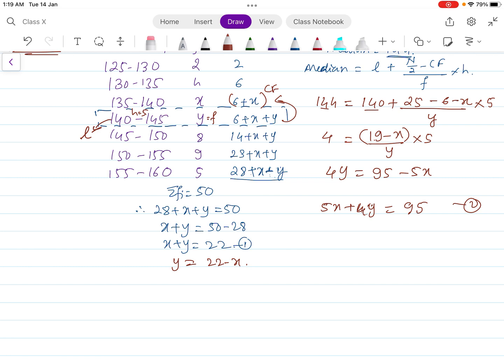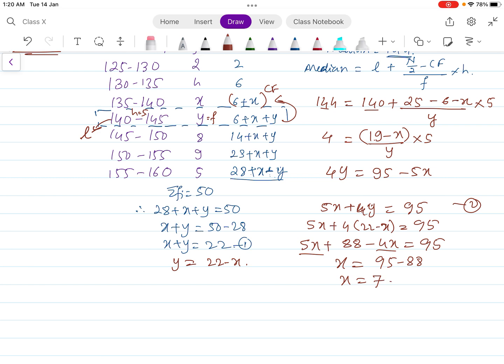So 5x plus 4 into 22 minus x equals 95. So 5x plus 4 into 22 is 88, minus 4 into x is minus 4x equals 95. So here 5x minus 4x, so x will remain, 88 will go to the other side, so 95 minus 88, so x equals 7.